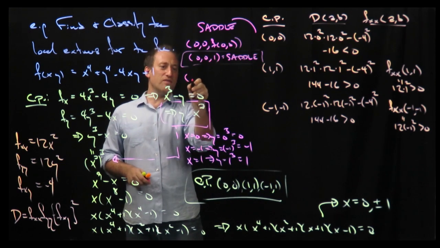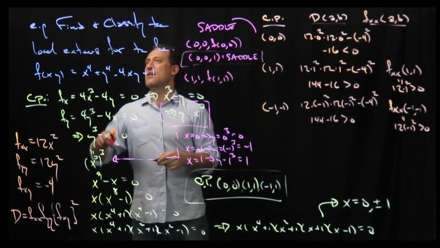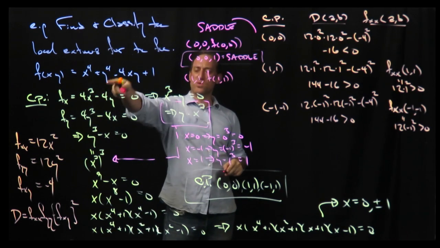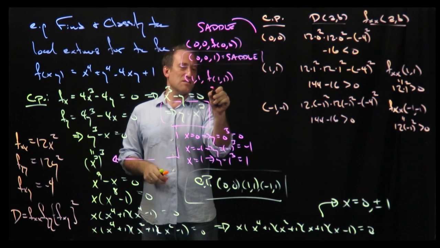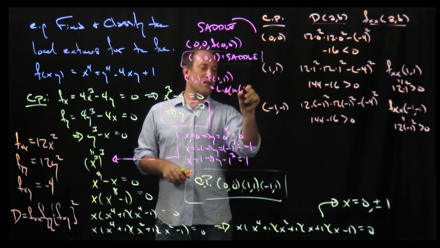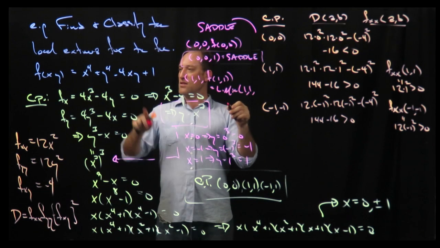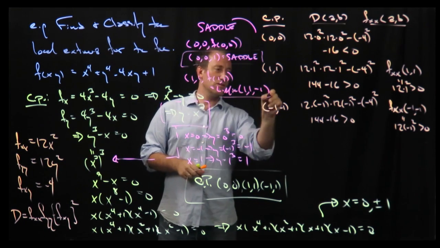At (1, 1), f of (1, 1) will be 1 plus 1 minus 4 plus 1, which is a minus 3... I've got a local min at (1, 1), with 1 plus 1 minus 4, so minus 1.